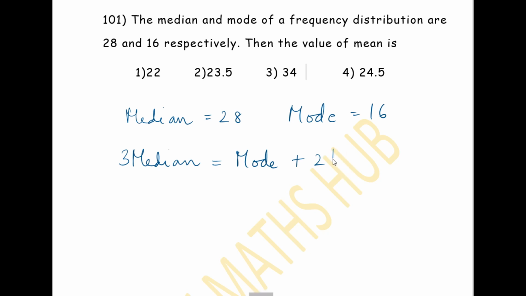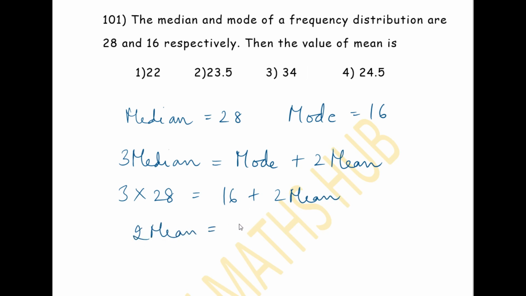Now 3 into median value is 28, which is equal to mode is 16 plus 2 mean. 2 mean equals 3 times 28, we get 84 minus 16, what we get is 68. Now mean equals 68 divided by 2, we get 34. Therefore, the correct answer is option 3, 34.